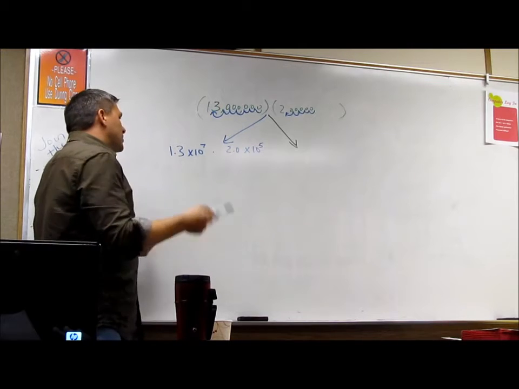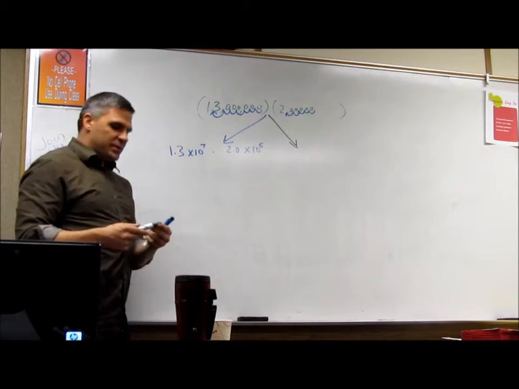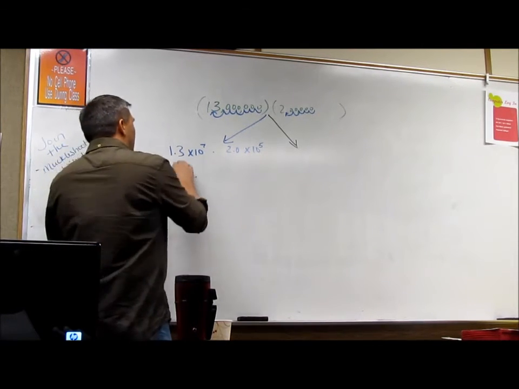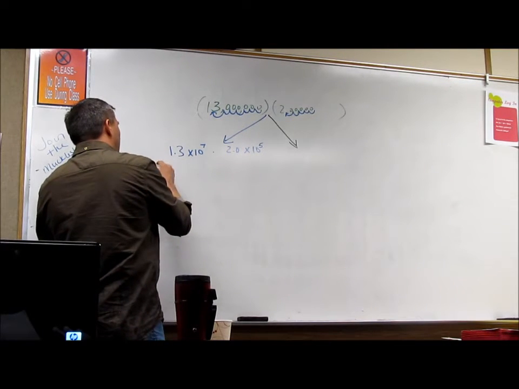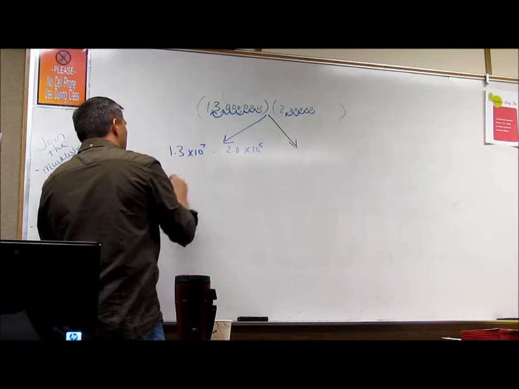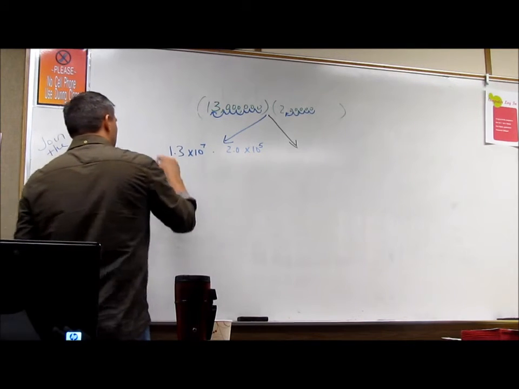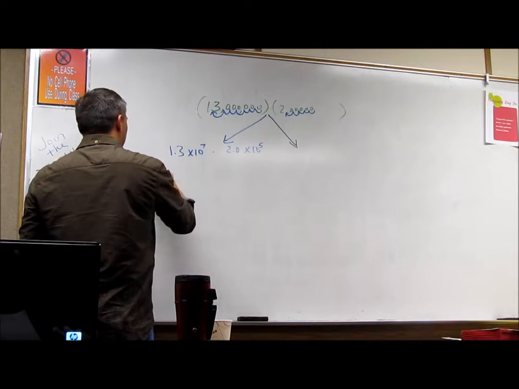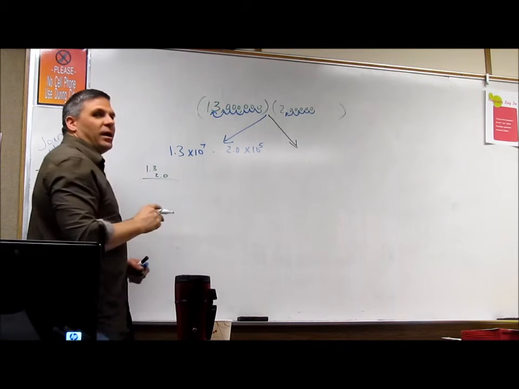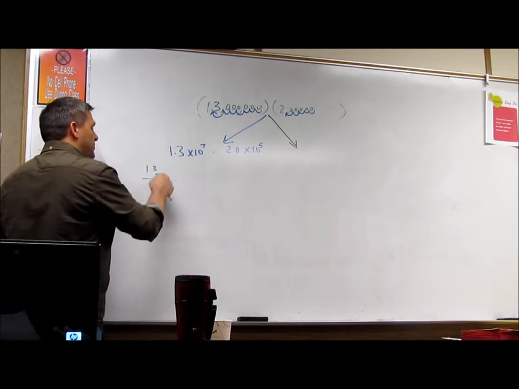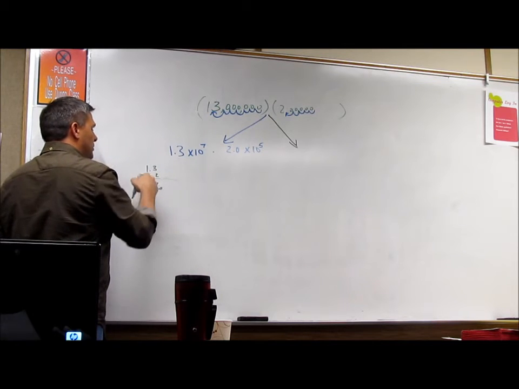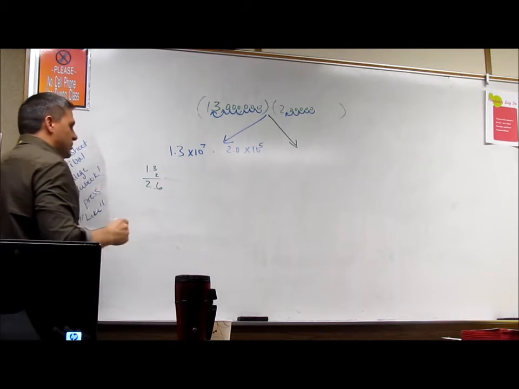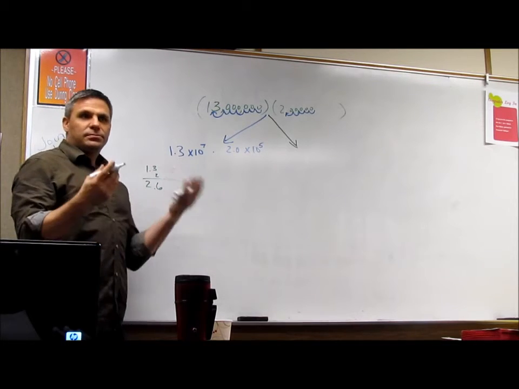And then when I multiply scientific numbers, all I do is take the two numbers and multiply them together, and I say 1.3 times 2.0, and I get, well, if I wrote that as a 3, I would get 2 times 3, 6, and 2 times 2, so I'd get 2.6.